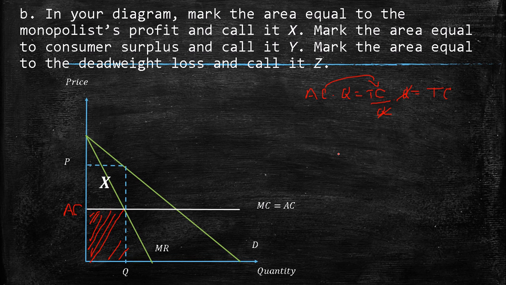So this difference makes X automatically the total profits. Then this is the monopoly's profits. Y should be the consumer surplus, and then Z should be the deadweight loss.